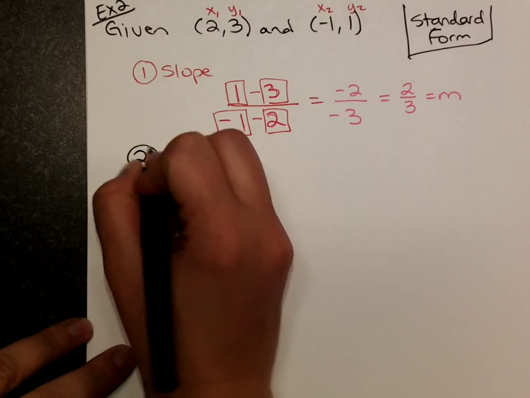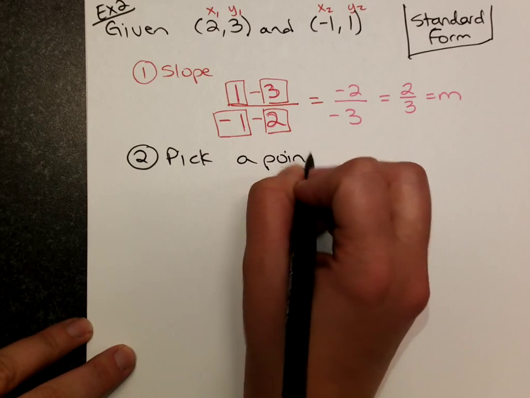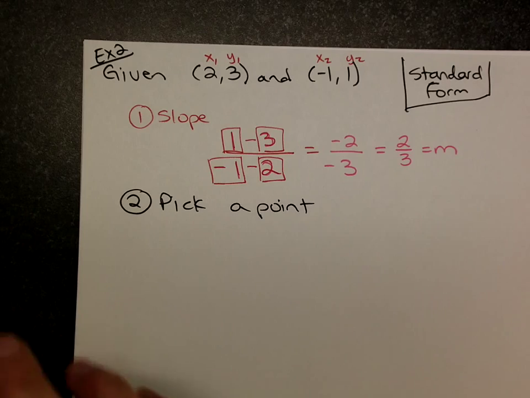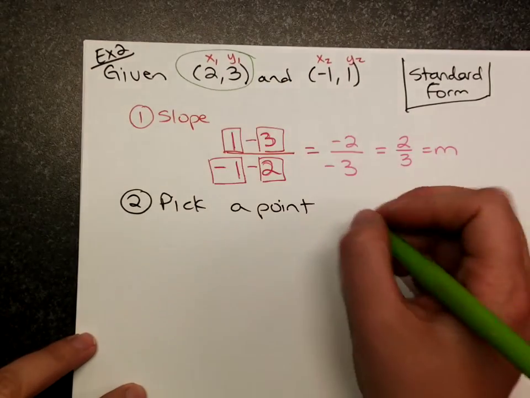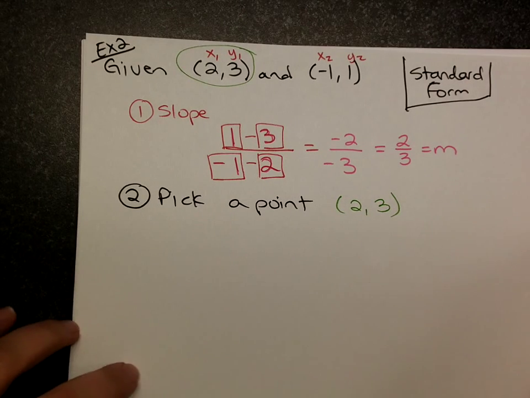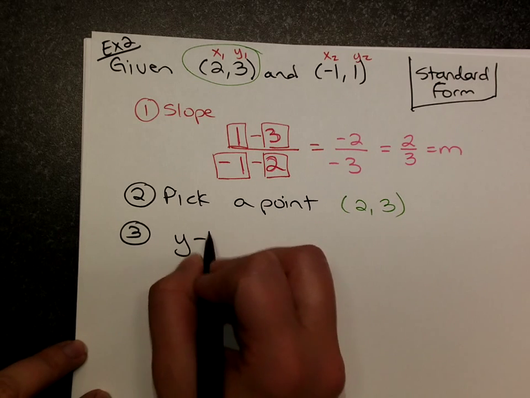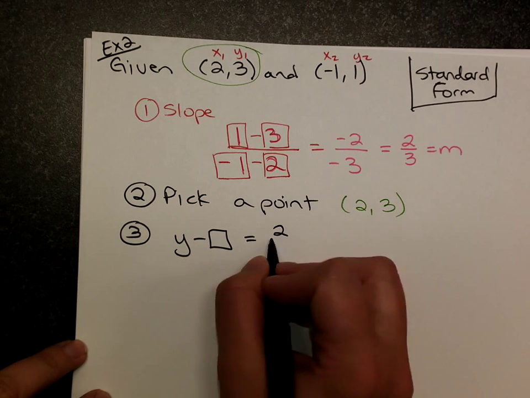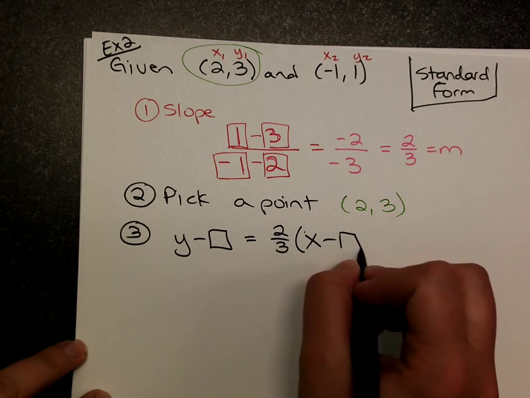So now we're going to pick a point. It's your choice. I personally like to choose positive numbers. That's just my preference, so I'm going to pick the point 2, 3. Then I'm going to use point slope form. So step 3, y minus box equals 2/3 times x minus box. Sorry, I skipped a step.